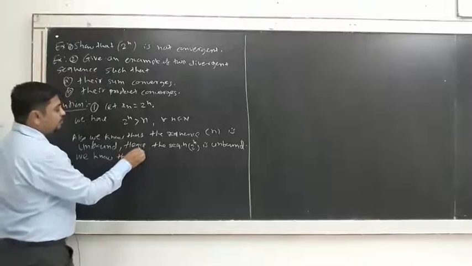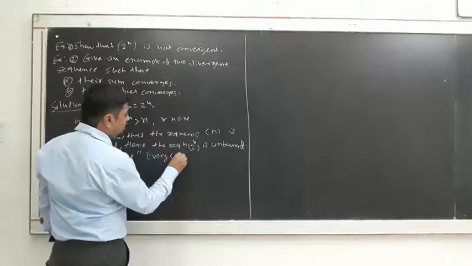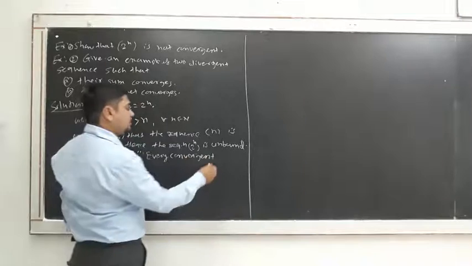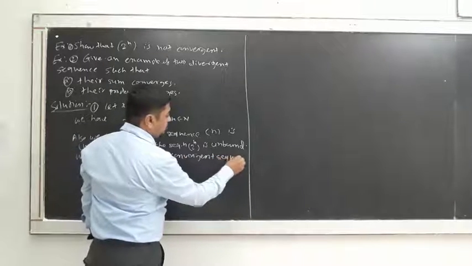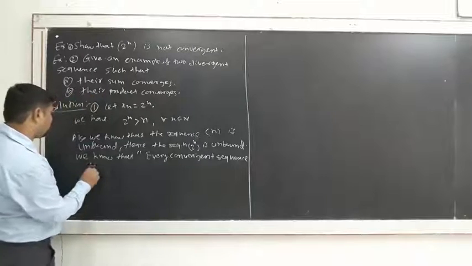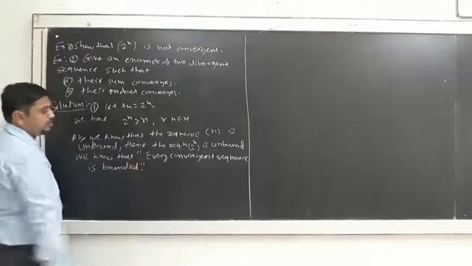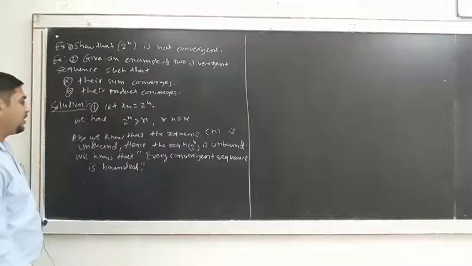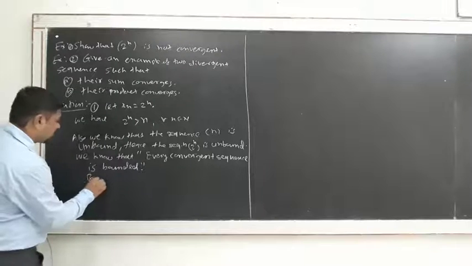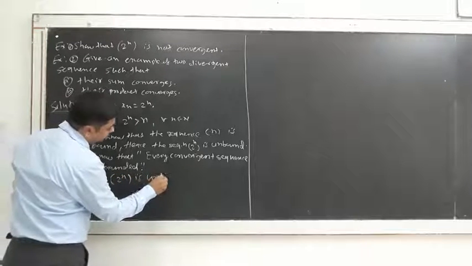And we have a theorem: every convergent sequence is bounded. But 2 raised to n is unbounded.